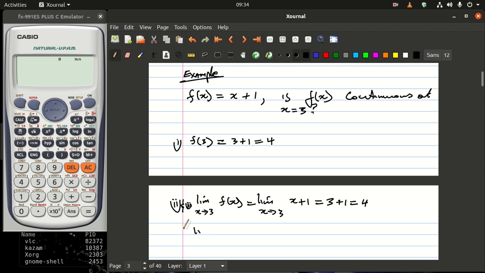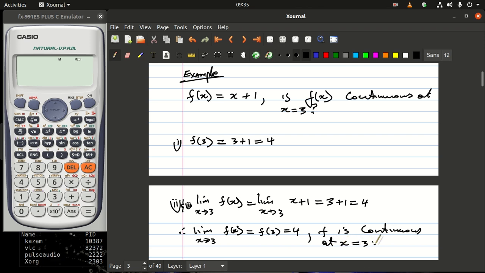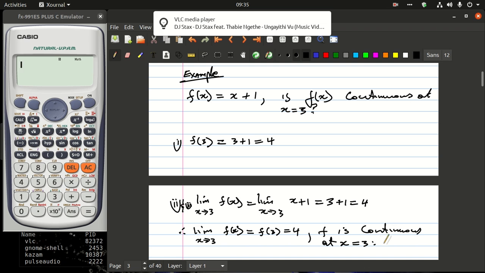Therefore the limit as x approaches 3 of f of x is the same as f of 3, which is equal to 4. Therefore f is continuous at that point. This is not that hard. It is continuous at x equal to 3.